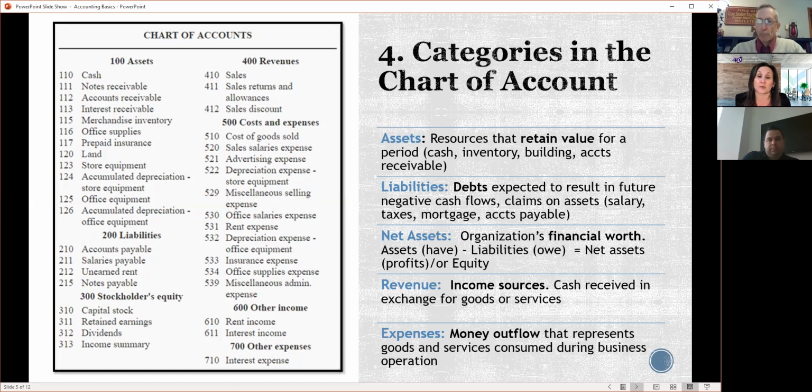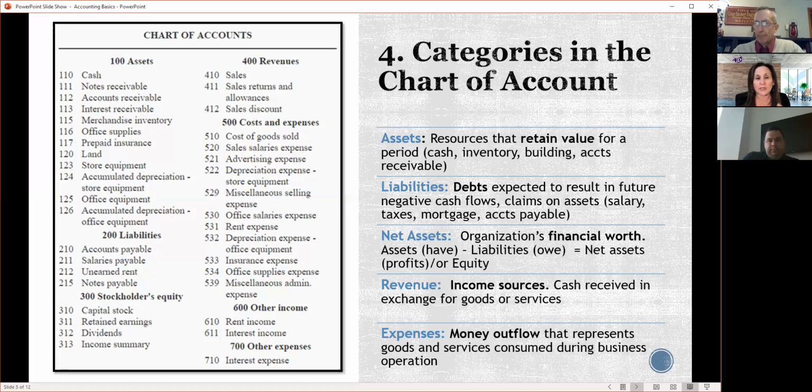And net assets is what's left over from our assets and our liabilities. So it's what we have versus what we owe, and whatever is left is that equity or net asset. And there is a category associated with that as well. And then the last 2 categories that are typically in a chart of accounts are revenue and expenses. So revenue is our income, the money that comes into our organization.